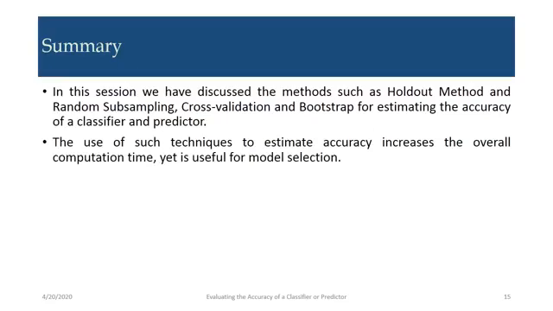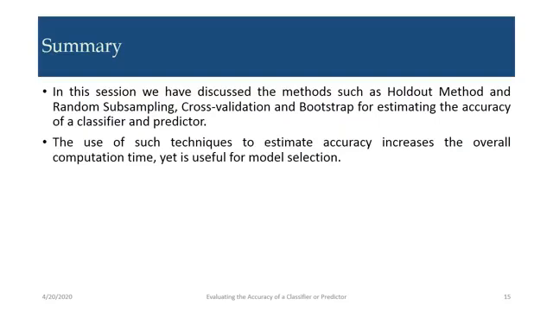And now the summary. In this session, we have discussed methods such as the holdout method, random subsampling, cross validation and bootstrap for estimating the accuracy of a classifier and predictor.